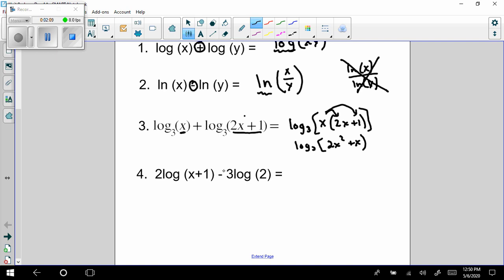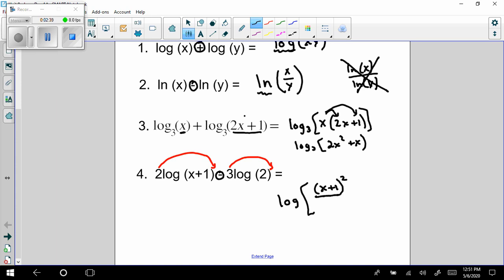Okay, so this last one, I do have division, but I also have a constant sitting in front of the logarithm, which means that goes back to a power. So this one to be condensed would be a log. And the argument x squared plus 1, or x plus 1, the whole argument is being squared.